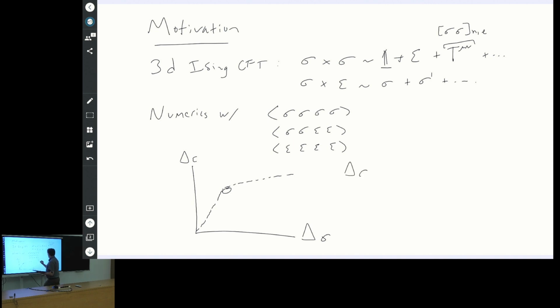And here by isolate, we mean we put in a gap of, say, 3 for sigma prime, 3 for epsilon prime, and also this is, in fact, not really a 2-dimensional island. This is actually a 3-dimensional island in the allowed space of OPE coefficient ratios.